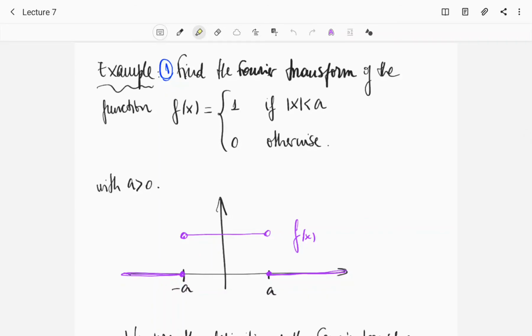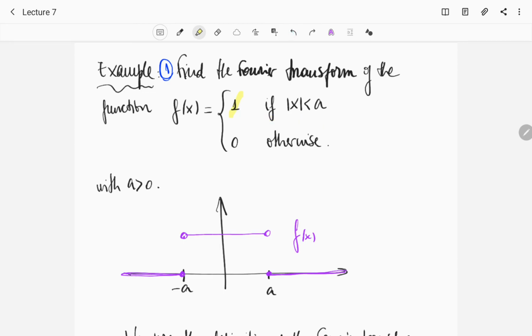Okay, in this second part of the lecture, we are going to see some examples. So, the first one, we have to compute the Fourier transform of this function f, which is 1 in this part of the real line.